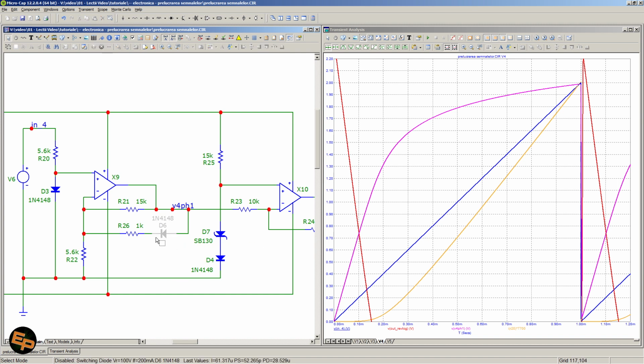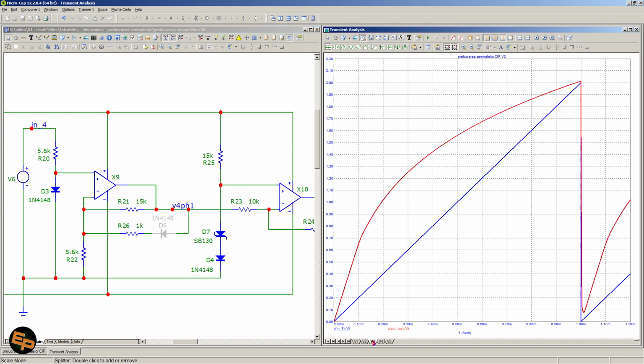If I would disable this diode and we would be taking a look at the output of this amplifier, which is the purple curve here, we would see that it varies kind of exactly like the input voltage between 0 and 2 volts, and it has this particular curve. Now, this particular curve is actually a bit farther away from the logarithmic curve.